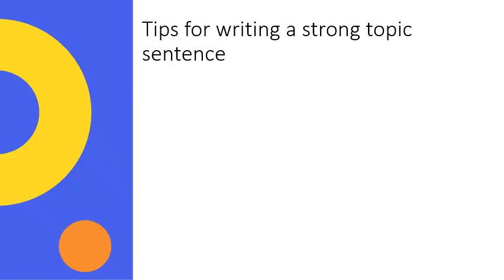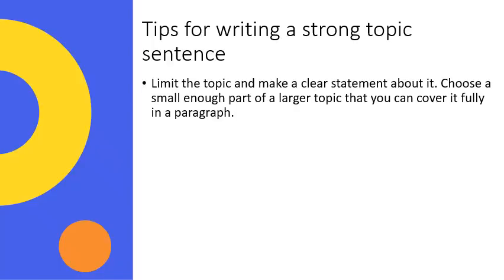Some tips for writing a strong topic sentence. You want to limit the topic and make a clear statement about it. So choose something that is small enough from the larger topic that you can cover within a paragraph, but not too small and specific that there's not going to be enough content. So for example, here I have a sentence.